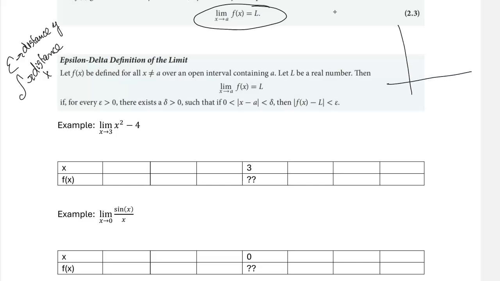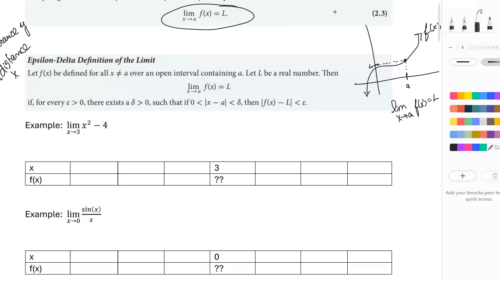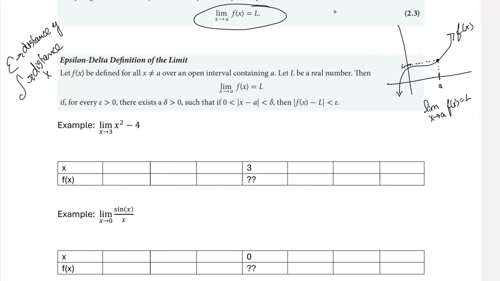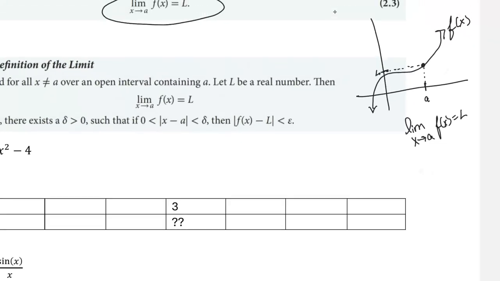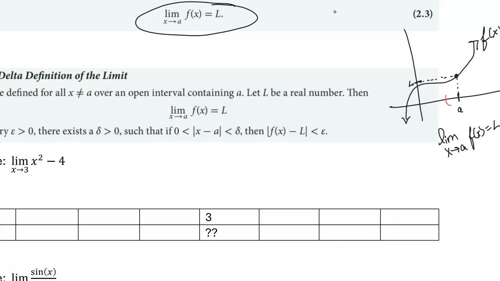So let's look at a generic graph. This is going to be my f of x function here. I want to know what's happening at a, and I know that limit. We haven't talked about the graphical approach yet, but we will soon. It's going to be L. So the limit as x approaches a of f of x is equal to L. So what this definition is saying is that we're looking at an interval around that x value.